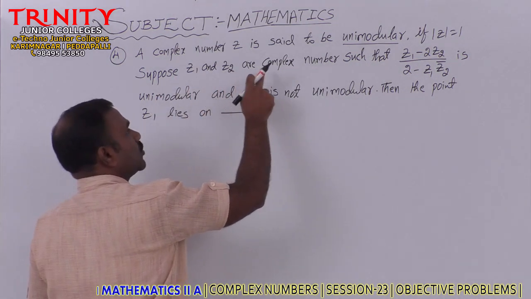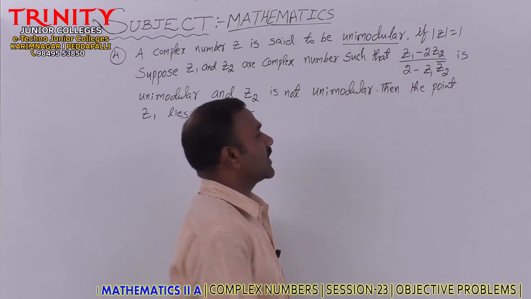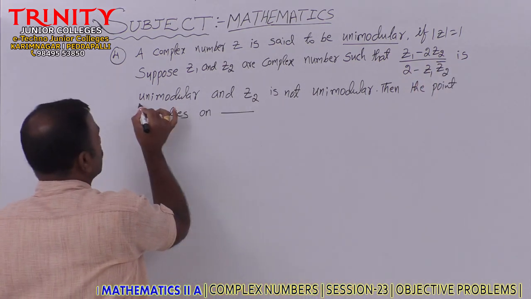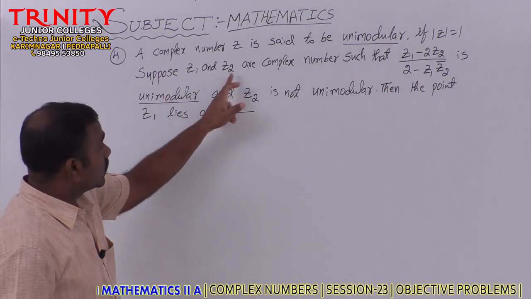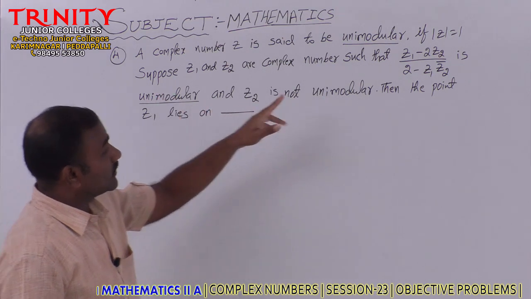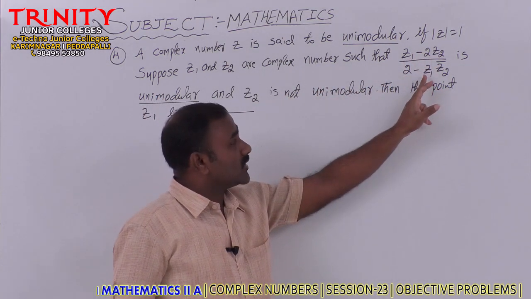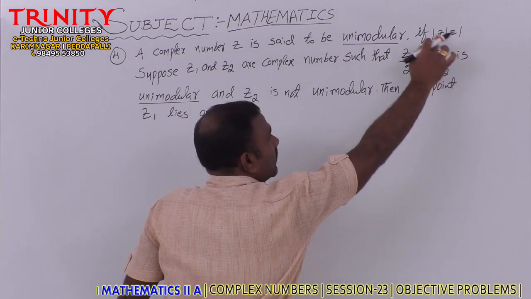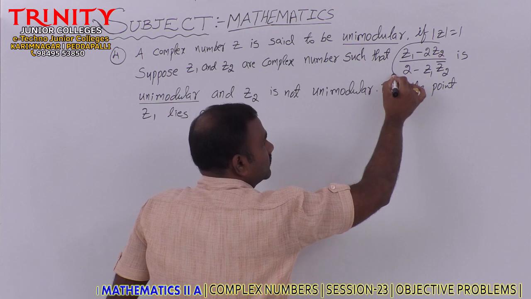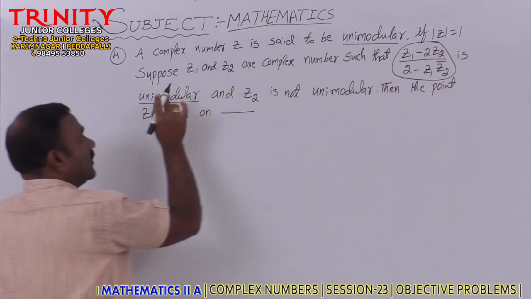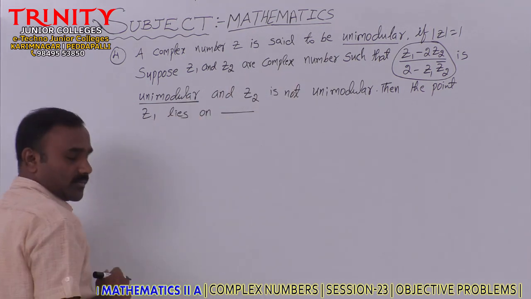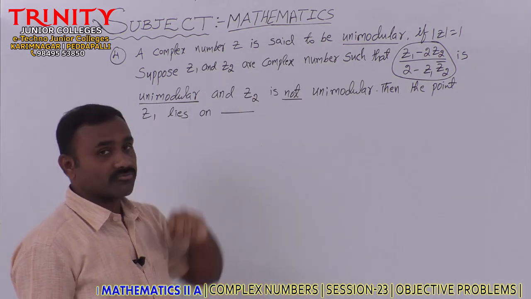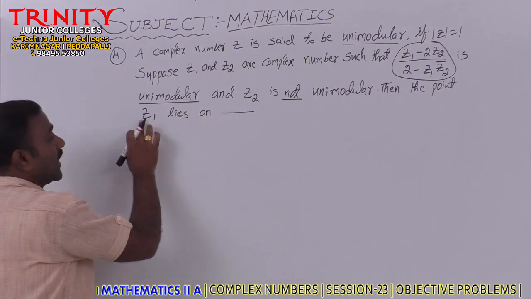Suppose z1 and z2 are complex numbers such that z1 minus 2z2 by 2 minus z1 z2 bar is unimodular, means its modulus is 1, and z2 is not unimodular, means modulus of z2 is not 1, then the point z1 lies on.